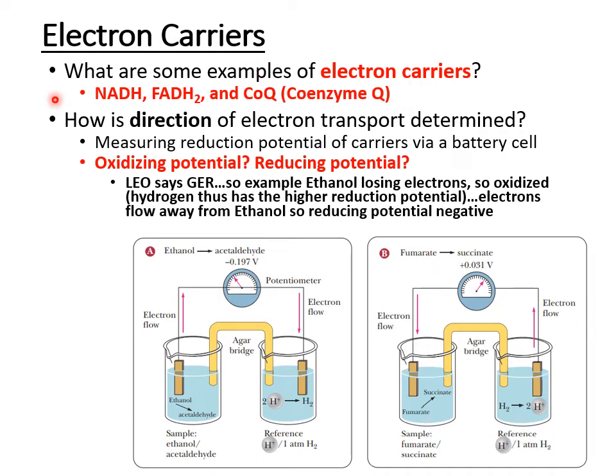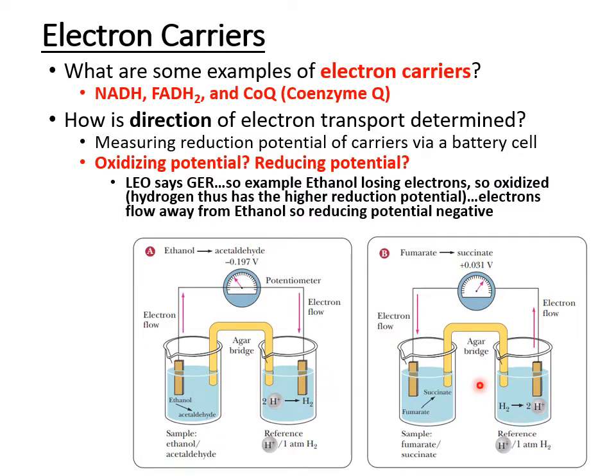Now, when we are looking at electron carriers and electron transport, you may be wondering how we determine the direction, how that exact transport is carried out. And so we can see here in these figures that they're able to map out the direction of electron transport by making these battery cells and looking at where electrons end up flowing.